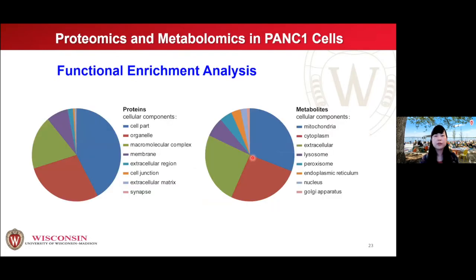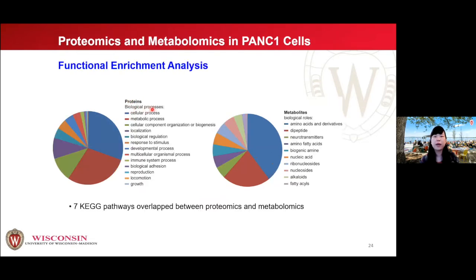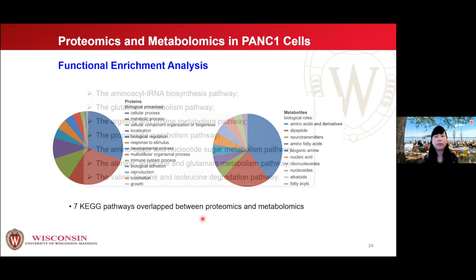Our goal is to combine these 2, for example, using functional enrichment analysis to look at both the cellular components for the proteome and metabolite, as well as the biological processes. Here we can combine the two and identify 7 pathways that overlap between the proteome and metabolome analysis.